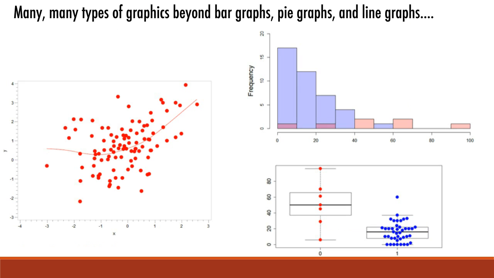Of course, there are many, many other types of graphs beyond bar graphs, pie graphs, and line graphs. I'm showing you a few of my favorites here that I use a lot when I'm analyzing data. So on the left-hand side is a scatter plot. That's used to show the relationships between two continuous variables. On the upper right-hand side, that's a histogram, which is used to show the distribution of variables. And I love histograms.